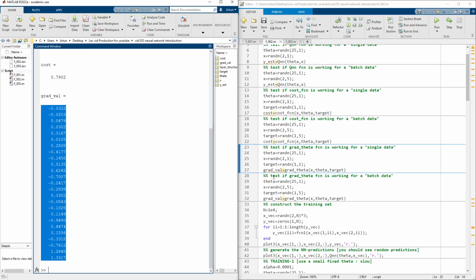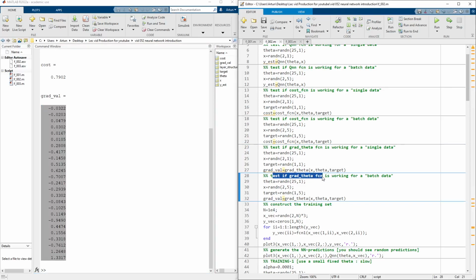All right, so it says test if gradient theta function is working for a batch of data. Here again 5 inputs. We will input 5 different input vectors, and then we will get 5 estimate values, and we also have 5 target values, and by using that cost and our gradient theta function, we will generate again a gradient vector.